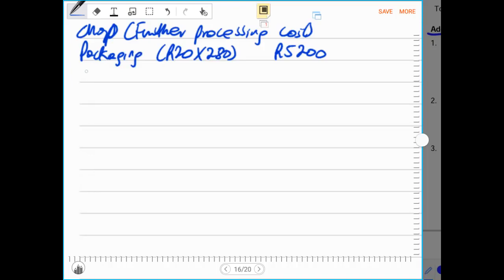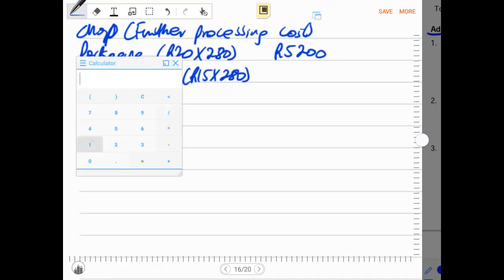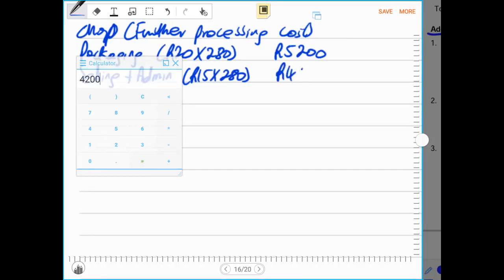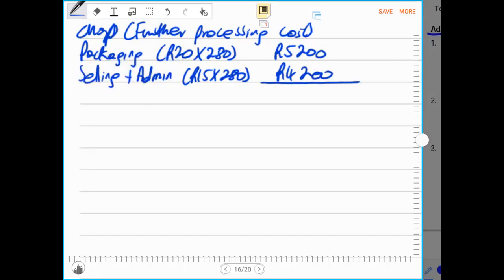So we have our selling plus admin cost, and they say it is 15 rand times 280. Remember, we still take this as a further processing cost. Why? Because this is cost that is incurred after the products were split. After the 3 products were split, these are the costs that were incurred further. So we call them further processing cost.